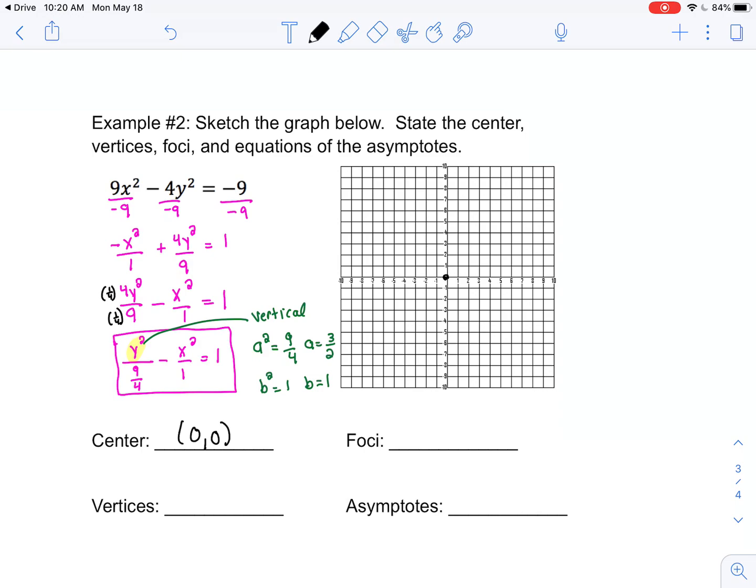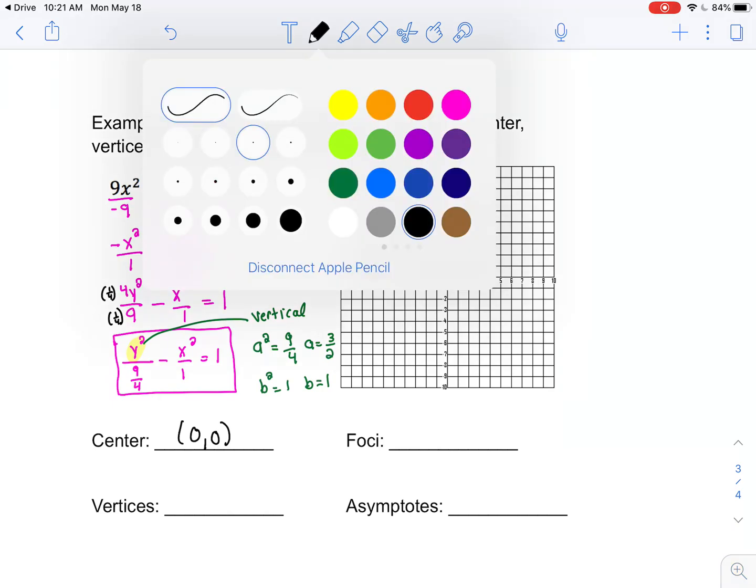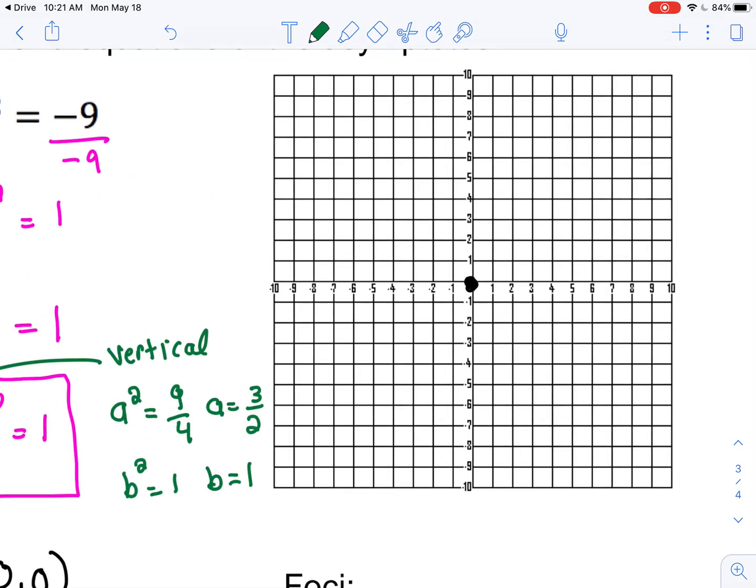So I can plot that. I'm going to be opening up and down. So my vertices are, let's plot these so we can make our box. My a value is 3/2. That's from the center to my vertices. So I'm going to go ahead and plot that. I know I'm opening up and down, so my vertices are going to lie on the y-axis. So I'm going to go up 1.5 and down 1.5.